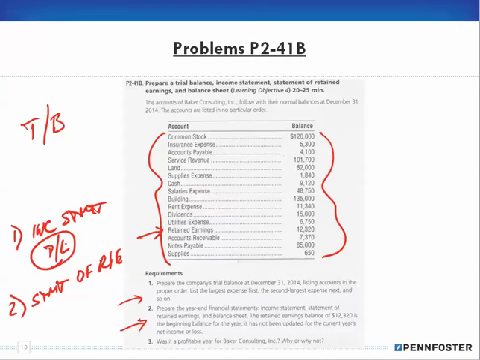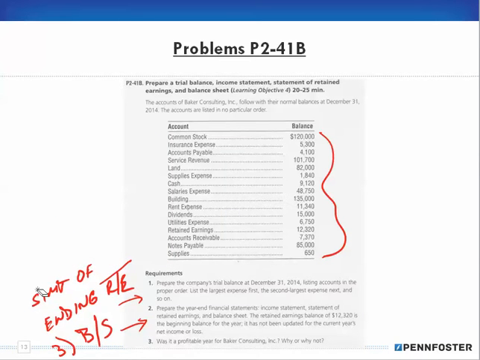Okay, so you need that in order to create that. And when you create your statement of retained earnings, you end up with an ending retained earnings, which you can use to create your balance sheet. Okay, so that's what they're doing here, and of course they're asking if this is profitable or not. Right?